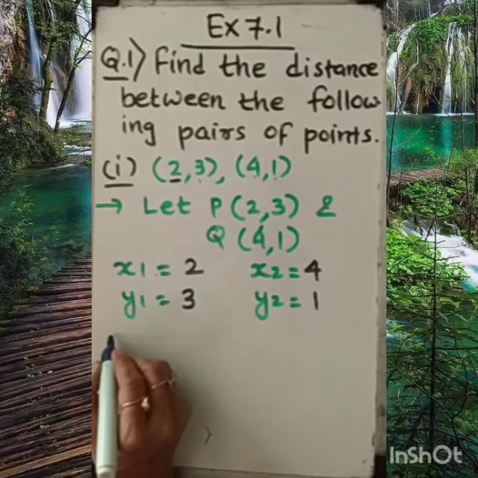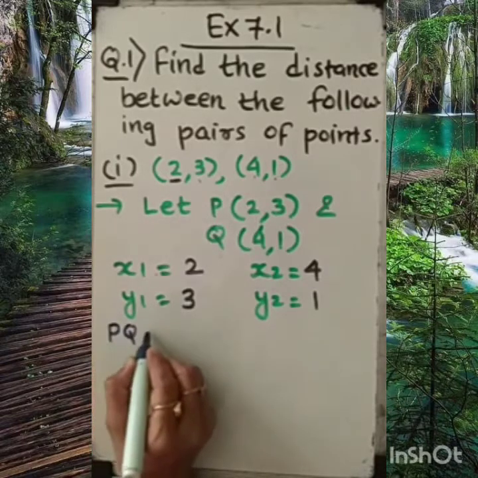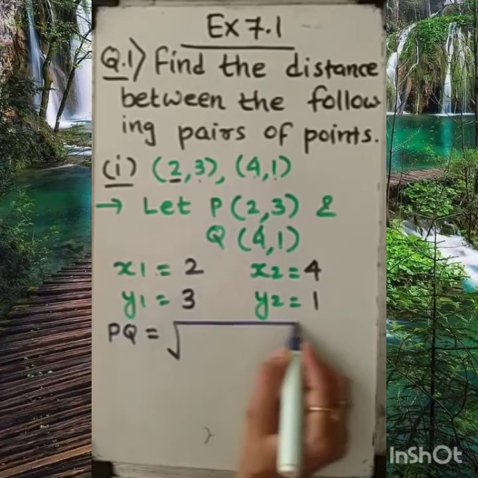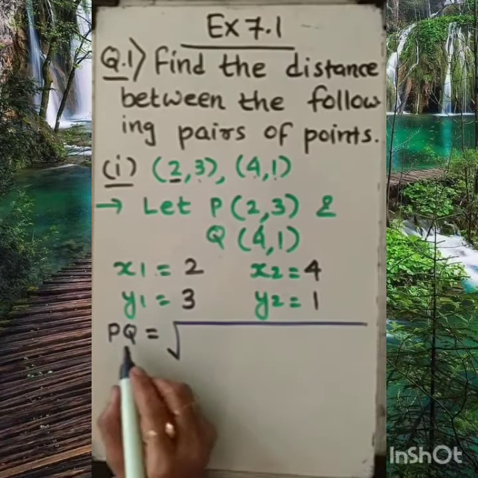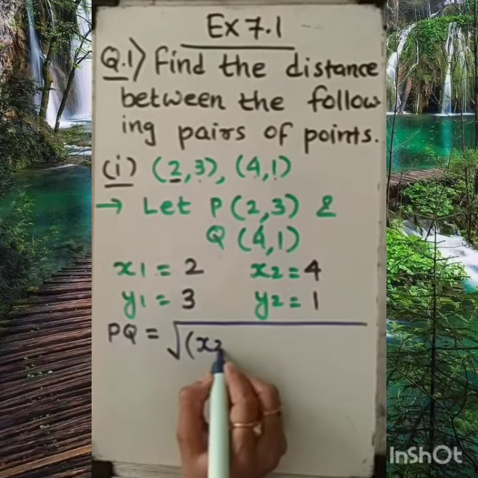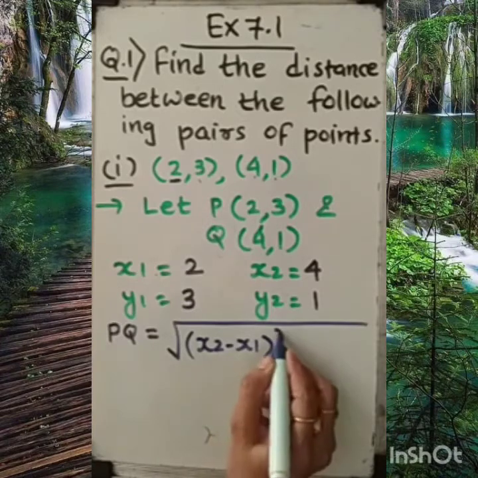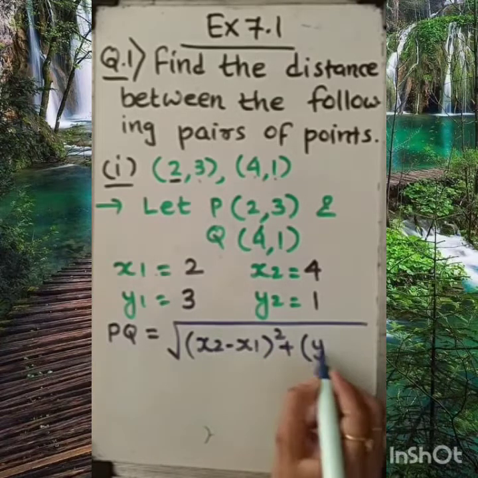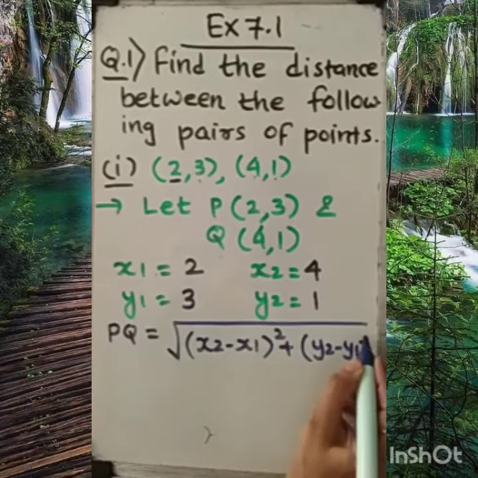Now we want to find the distance between these 2 points. The distance formula says PQ equals the square root of (x2 minus x1) whole square plus (y2 minus y1) whole square.